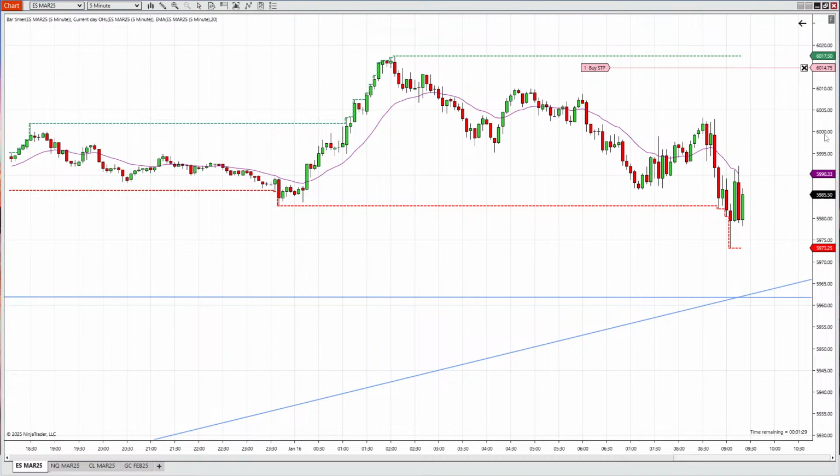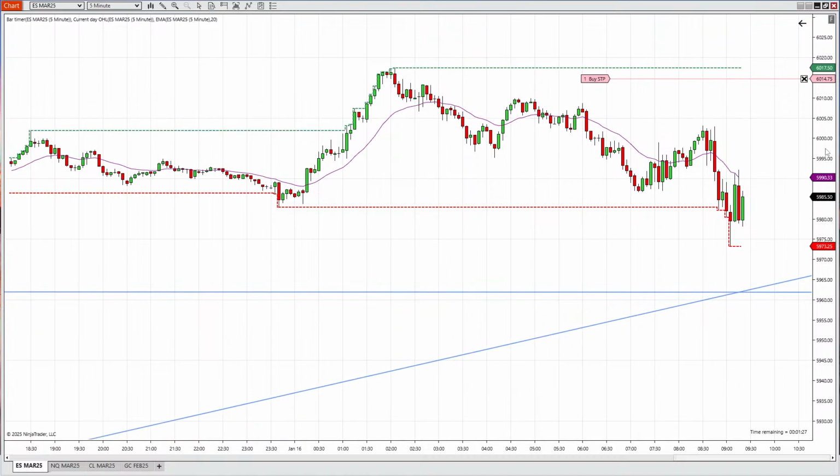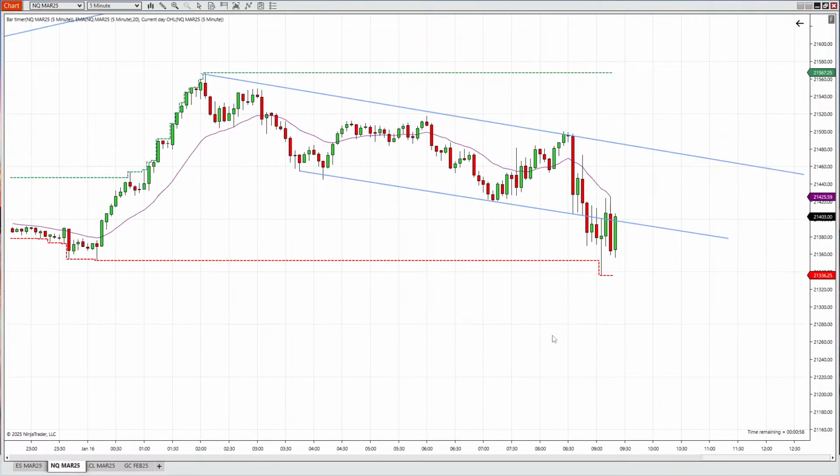Minute and a half left. Still not looking for an outside bar. Check the NQ real quick.